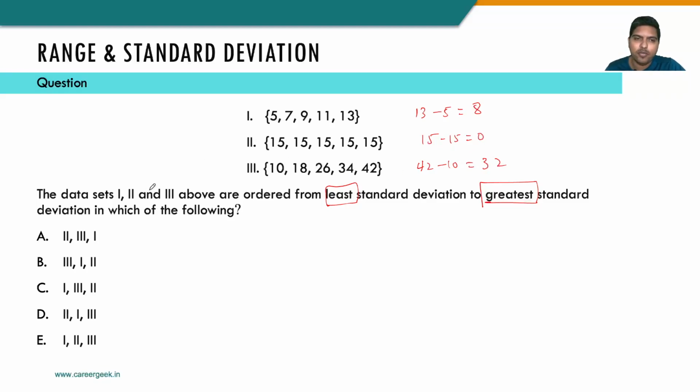Like that has to be the first. So I'm going to eliminate everything else. Now between 1 and 3, between 8 and 32, I'll definitely go with 32 as the maximum, which is between A and D, 3 has to be the maximum. So option D is correct for me.